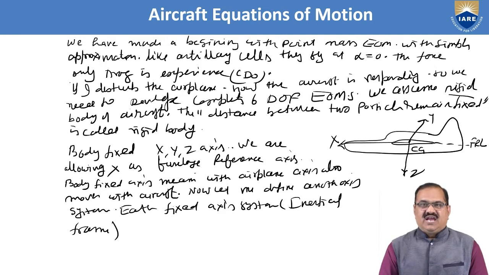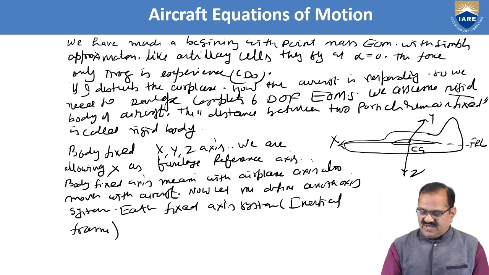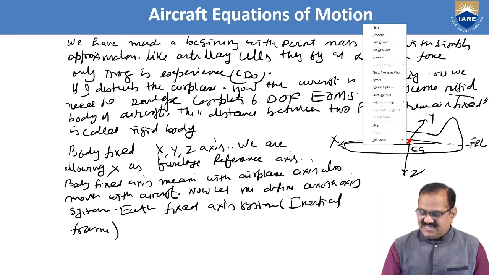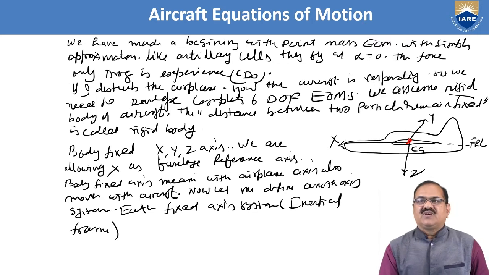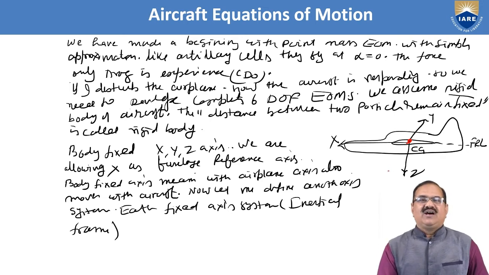We take x as the fuselage reference axis, and it is a body-fixed axis. This axis, shown in this diagram along with the CG, moves with the body. So x, y and z, all the axes, also move with the body.